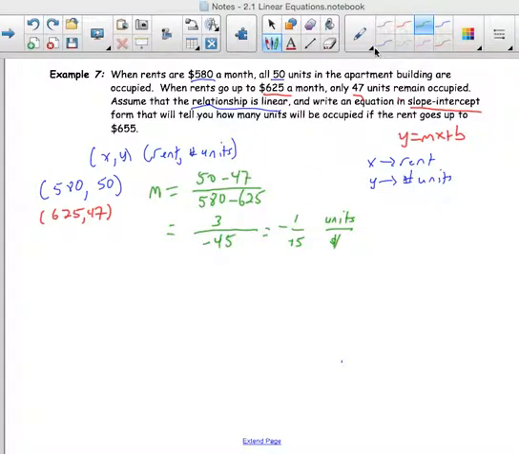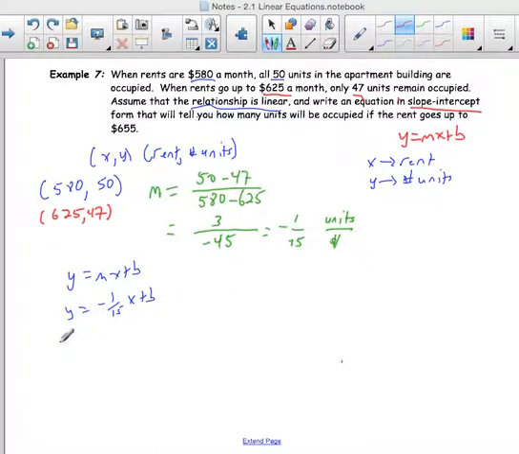Now, we want to write the equation of a line in slope-intercept form. So that means y equals mx plus b. We know our slope is negative 1/15. So negative 1/15 x plus b equals y. And there's 2 ways to do this. We can just substitute either point into this equation and solve for b, or we could also use point-slope form.